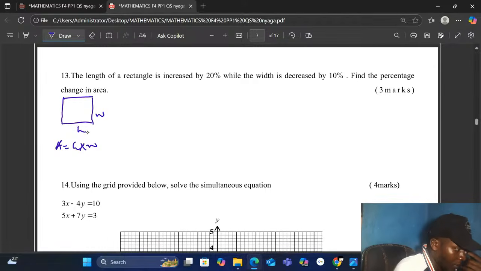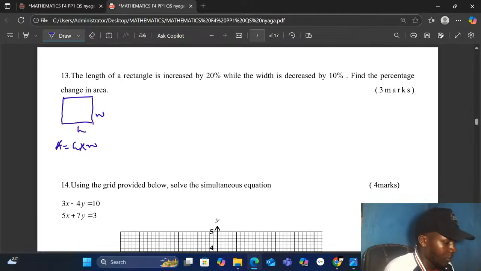Now, we have the length increased by 20%, while the width is reduced by 10%. So that means you can have this.